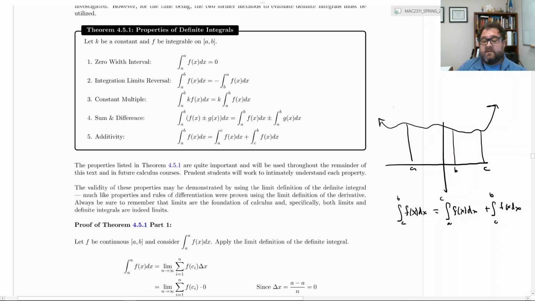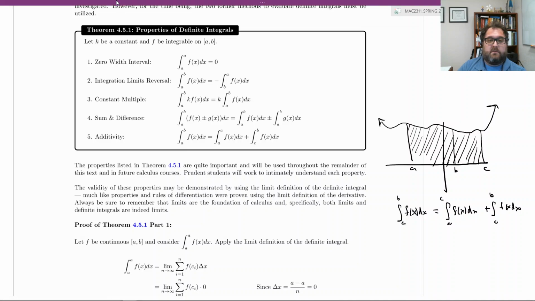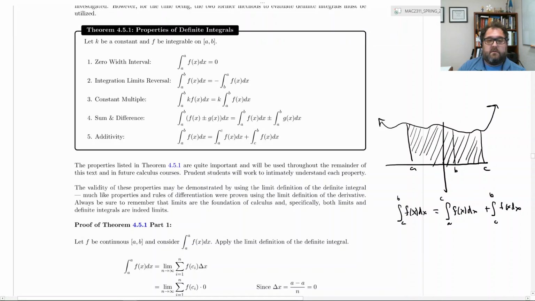If you take the definite integral from a to c, you get that, and then you add the definite integral from c to b, you get the definite integral from a to b.